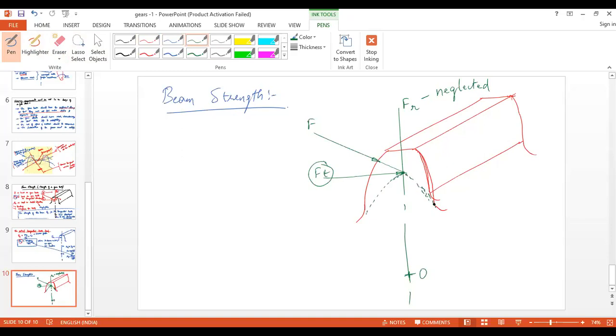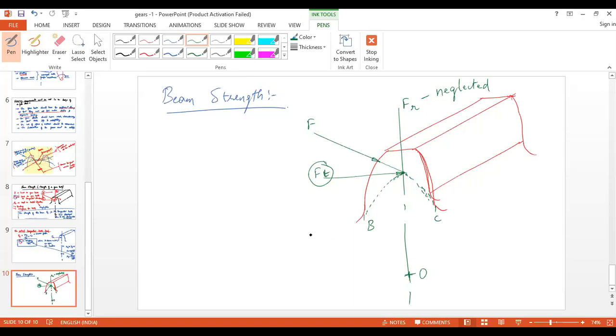Now, if you remember the SOM and the strength of materials you studied in first year and second year, this load Ft induces the bending stress, and the critical section can be obtained by drawing the parabola, and the critical section will be this BC.